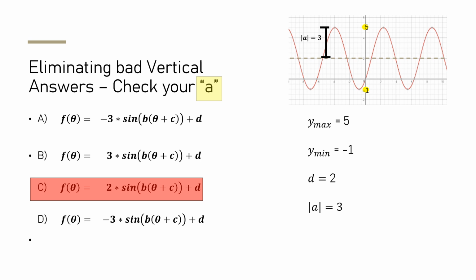Yep, choice C is gone. Now let's check out our D values. Our D was 2. Can we eliminate any bad choices? And yes, we can eliminate B. So that problem was friendly that we could get rid of two bad choices pretty easily.